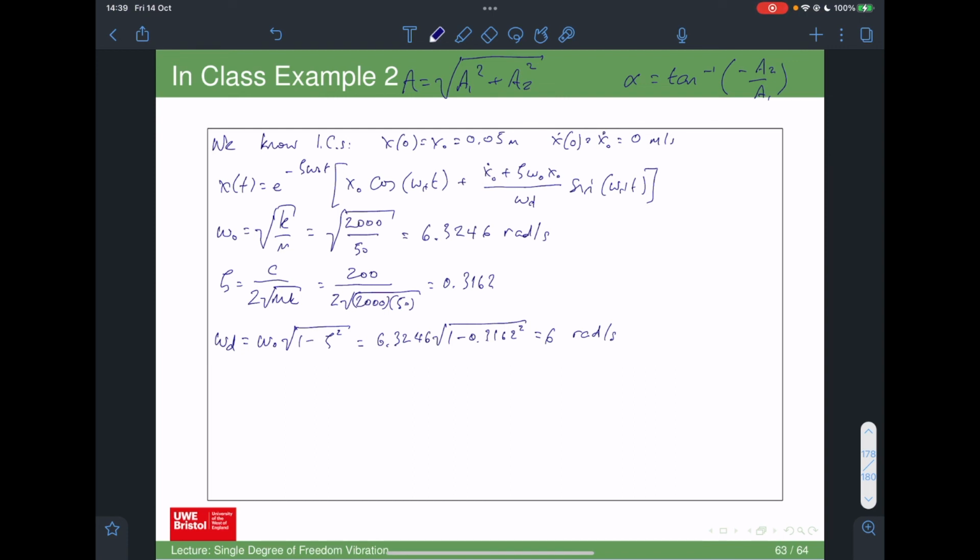So we found the various things we need. In this equation, we need zeta and omega naught, and then we need omega d for here and there.